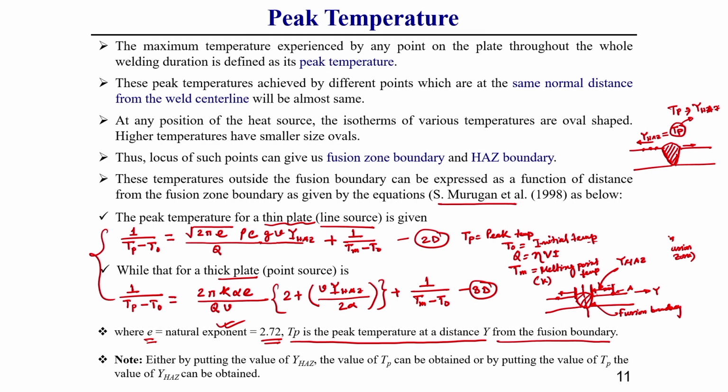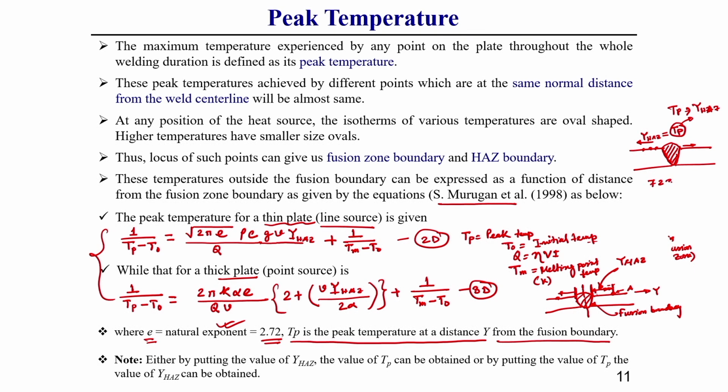Now, I have already told you that the heat affected zone is the zone from the fusion boundary to the recrystallization temperature, let us say 723 degrees centigrade for plain carbon steel.